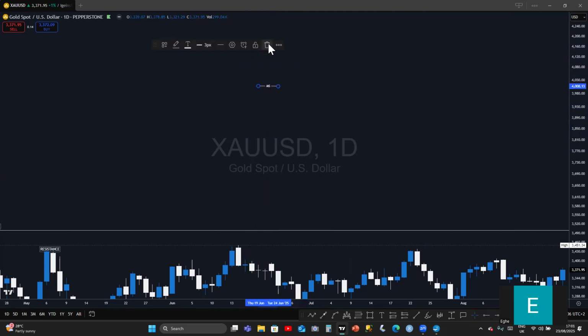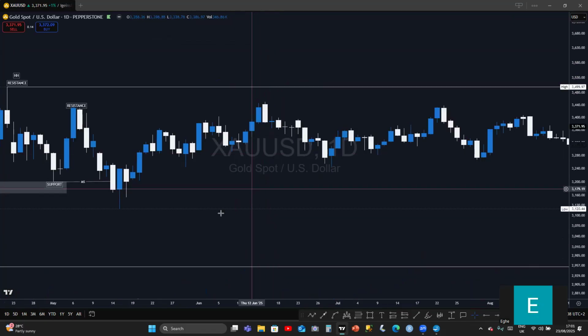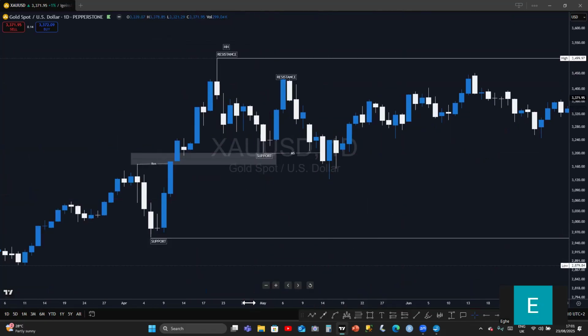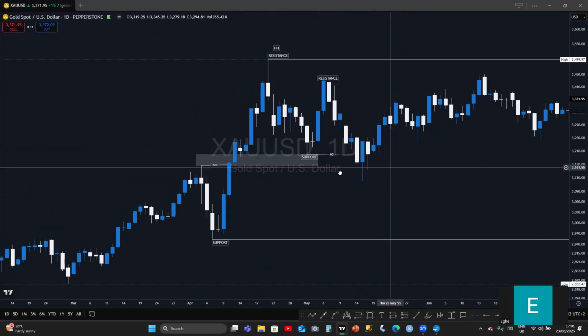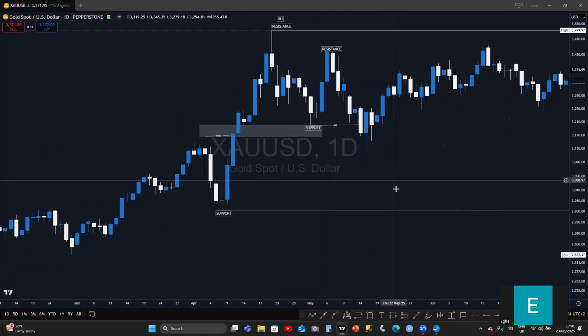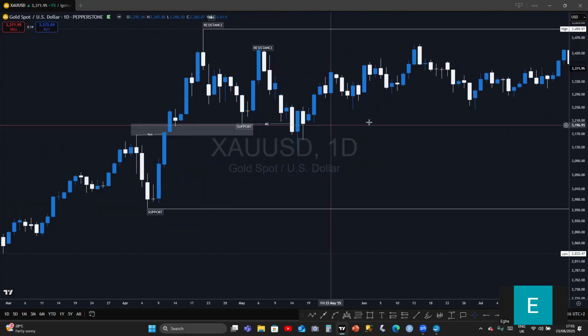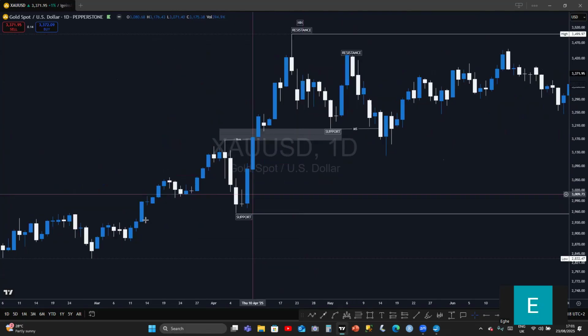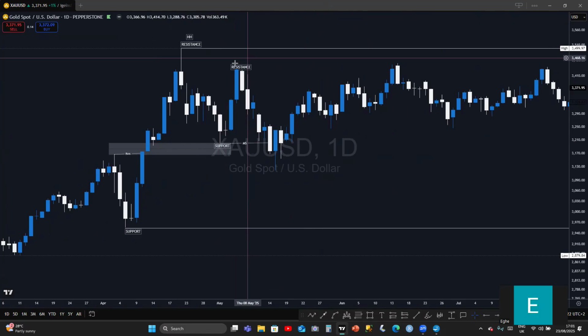So one thing you should always watch out for once we are in a trending market, and if it's bullish, once you see any violation like this instance now, price violating the support level, all right?